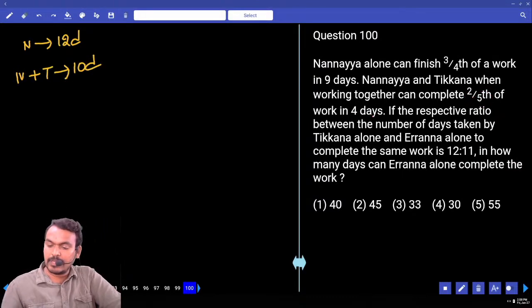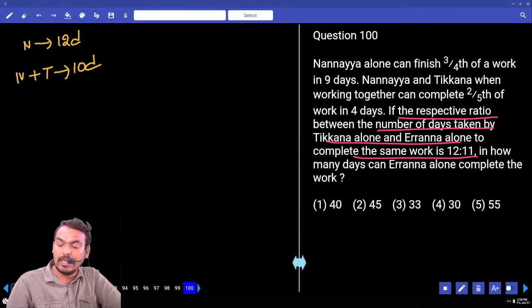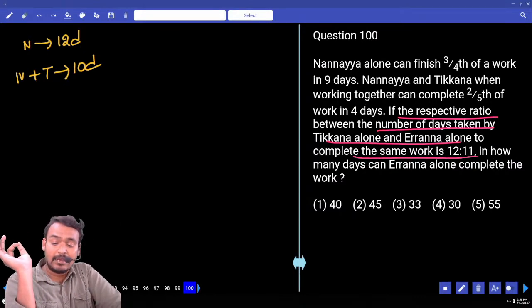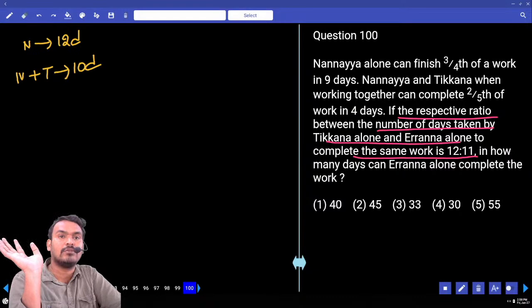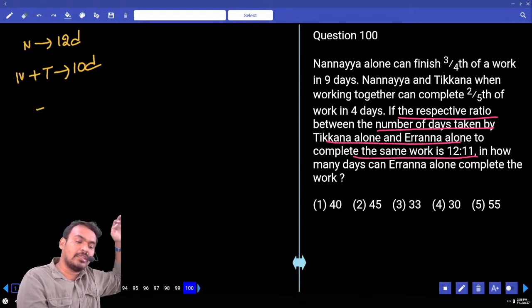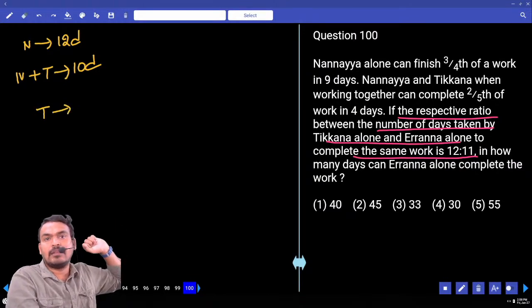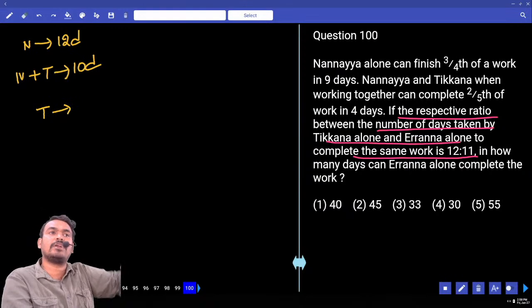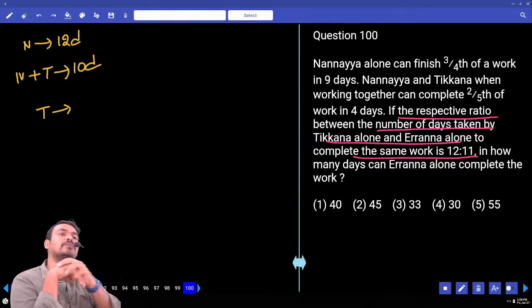And one more, the respective ratio of the number of days taken by Tikkana alone and Erena alone to complete the same work is 12:11. Means Tikkana and Erena time ratio is given 12:11. We know Nannaya, and we know Nannaya and Tikkana. These two subtracting, we get which one? Tikkana or not? Okay, subtracting means worked productivity by difference or productivity by sum?